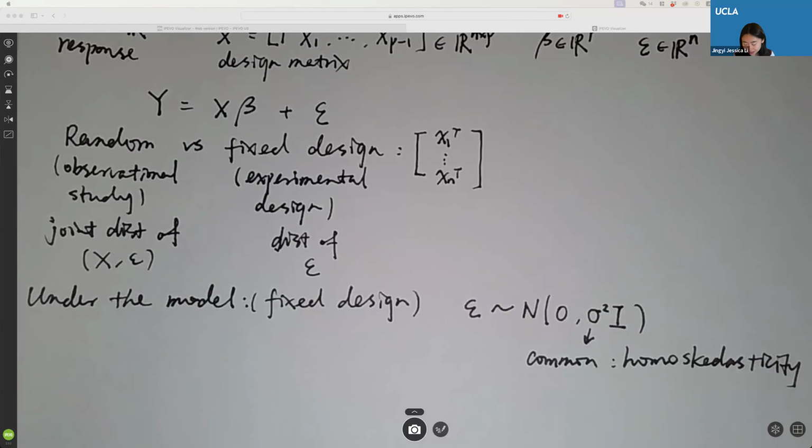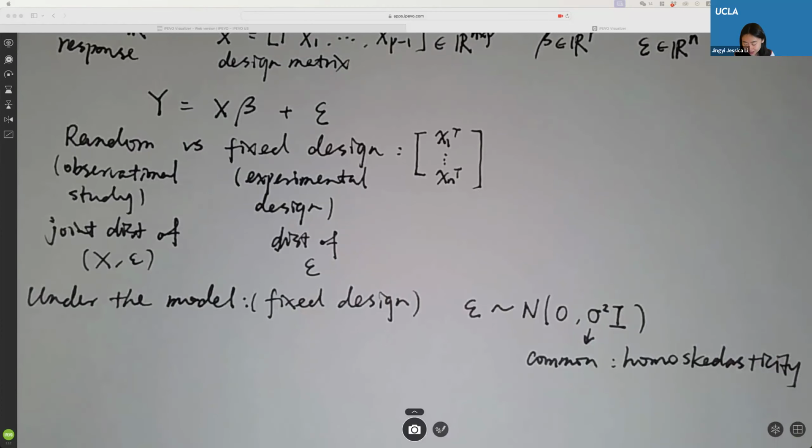Just for your information, it is a fact that if we have a constant matrix A, with the same dimension as (X transpose X) inverse X transpose, which is p by n, and the random vector Y, which is n by 1, then the variance-covariance matrix of AY can be written as A times the variance-covariance matrix of Y, which is n by n, times A transpose.